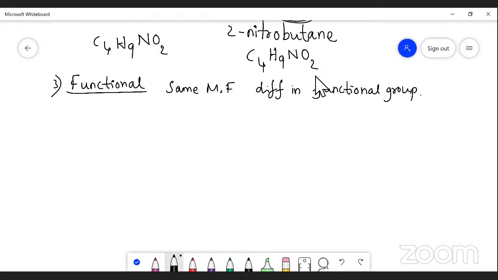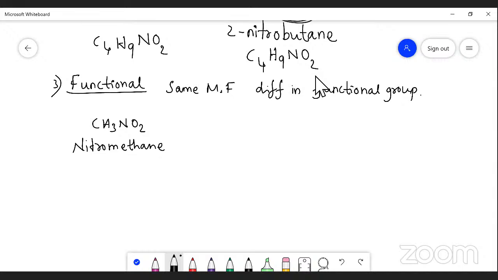Okay, so let us take an example. If I take a simple example, CH3NO2. This is the first starting compound, nitromethane.